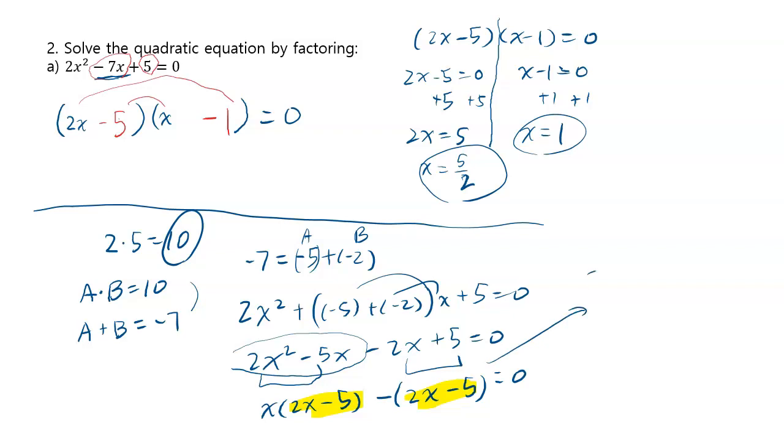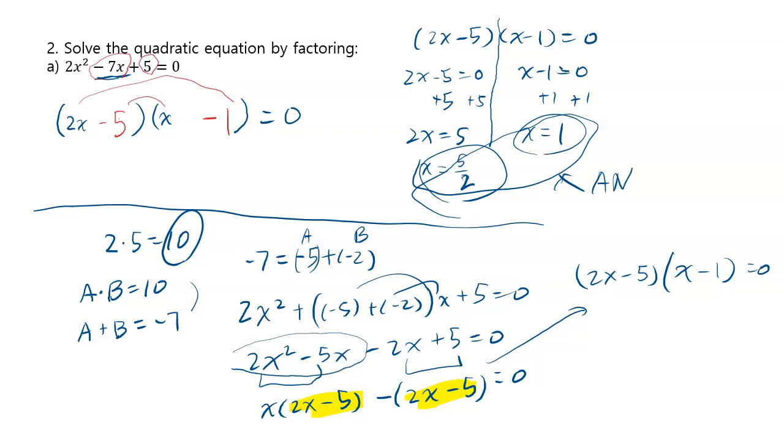If you factor out a 2x minus 5, what you're left with is x from there, and then negative 1, so it would be x minus 1 equal to 0, and this gives you the same kind of factoring. So at the end of the day, this will be your answer.